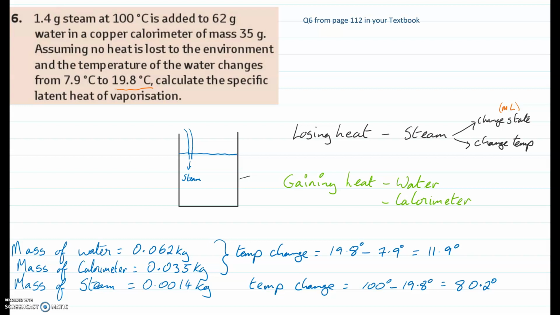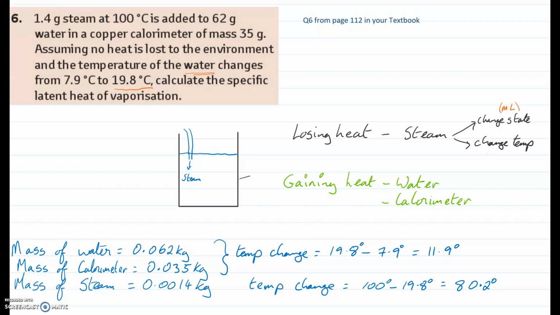The water changes temperature from 7.9 to 19.8. Now, the calorimeter also changes temperature because it is in contact, but they don't tell you that in the question. You have to assume that. So that increase in temperature is coming from the steam. That's where the energy is coming from.